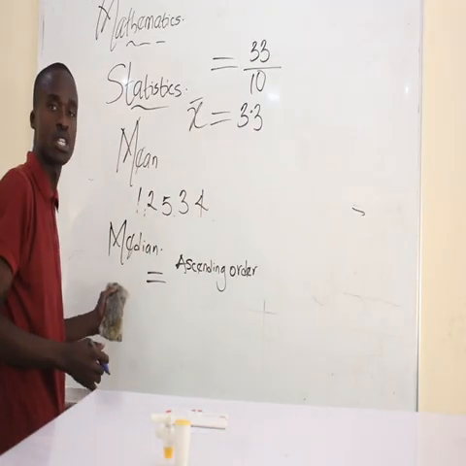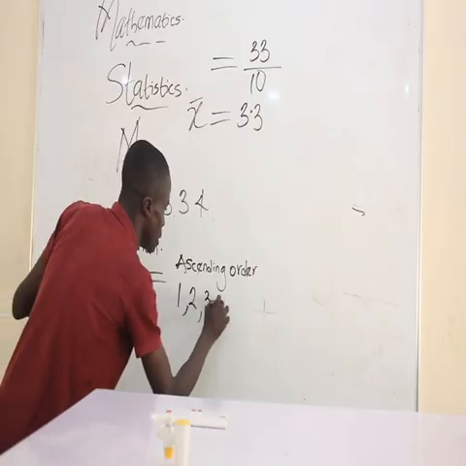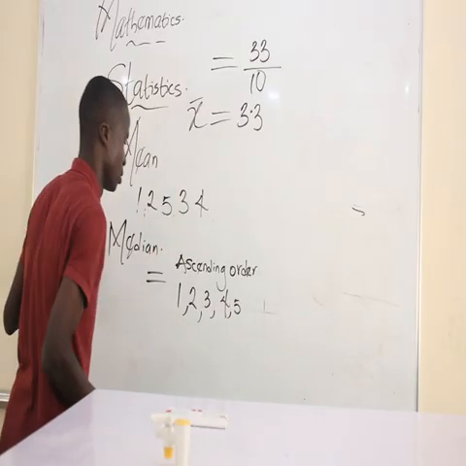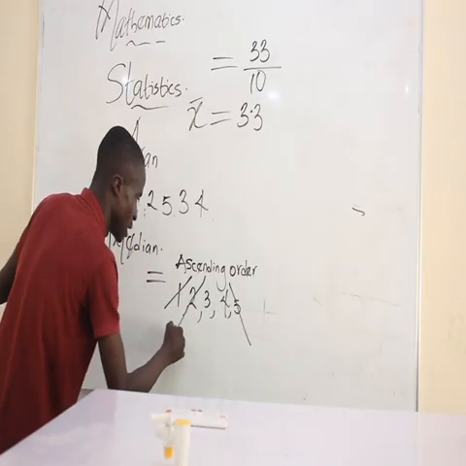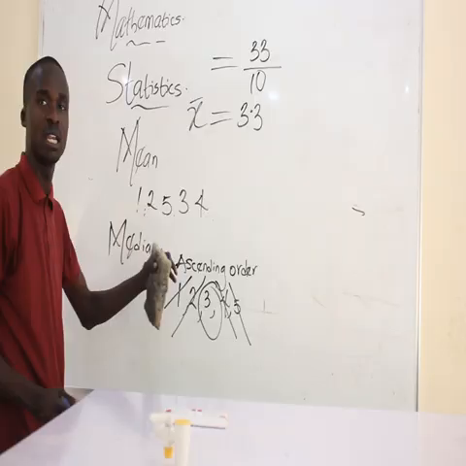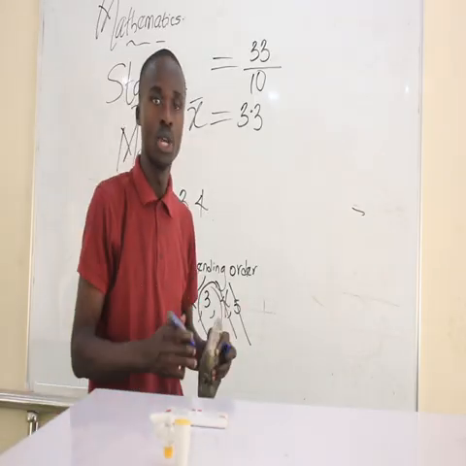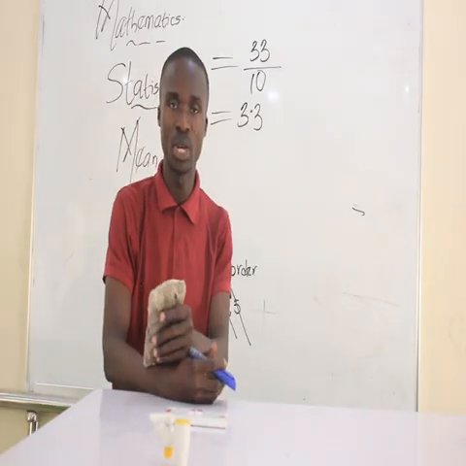I will have to start from the small to the big. Now that's 1, 2, 3, 4, and 5. So I cross one, cross the last one, cross another, cross the second to the last. Now it shows that the number left alone at the middle is 3.